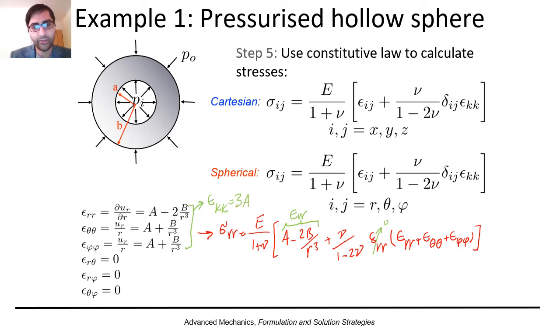Note that minus 2b divided by r to the power of 3 cancels the other 2 plus b divided by r to the power of 3. So basically this becomes 3a. That's for sigma rr.